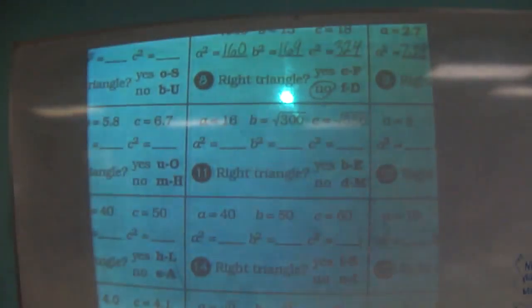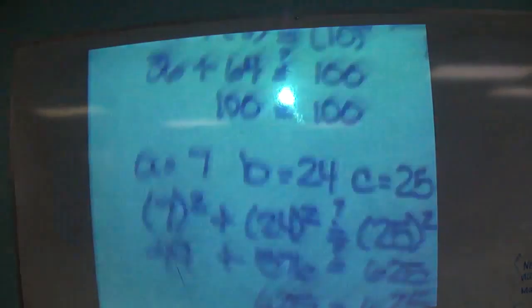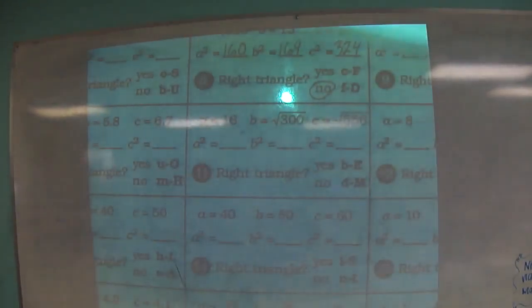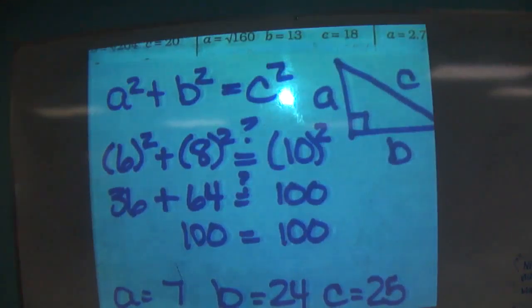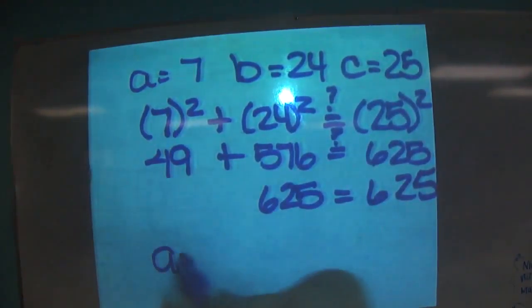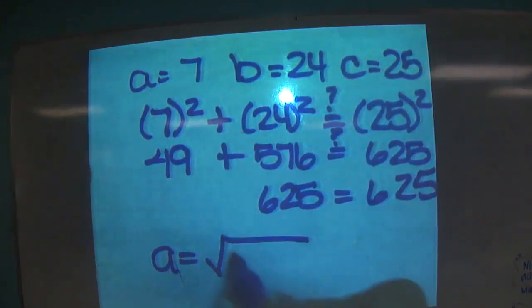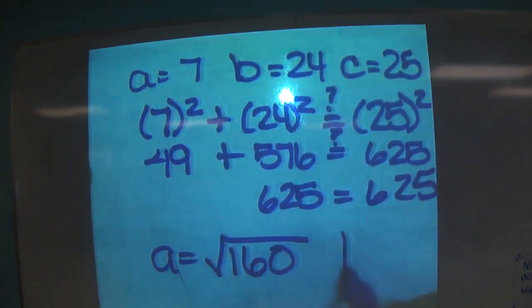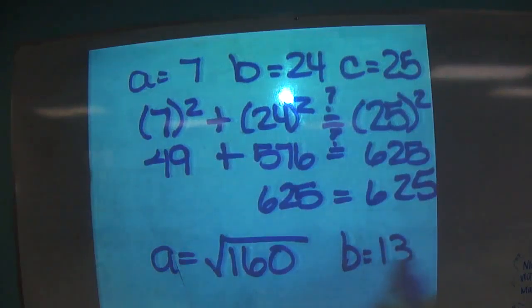Let's try to find one that's not. Number 8. Oh, there we go. And that's a good one. So if A is root 160, B is 13, and C is 18.